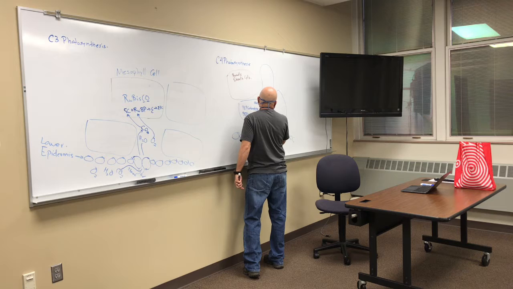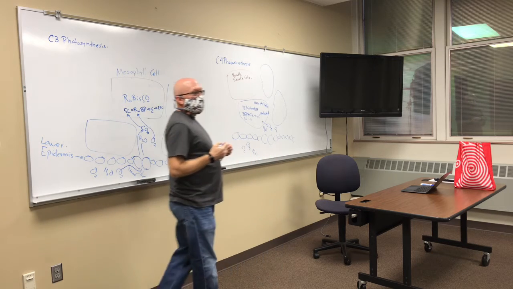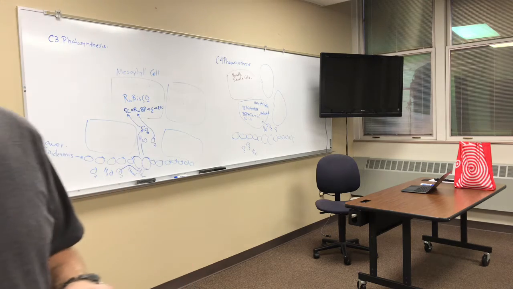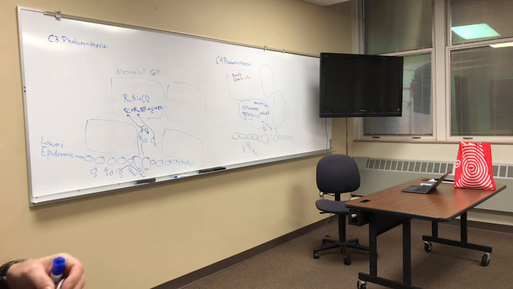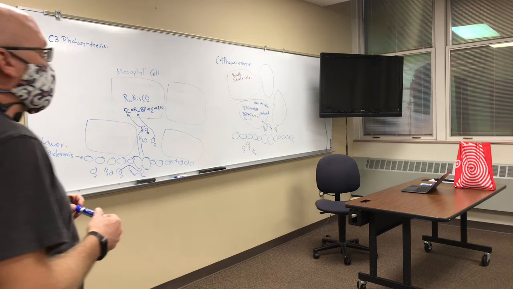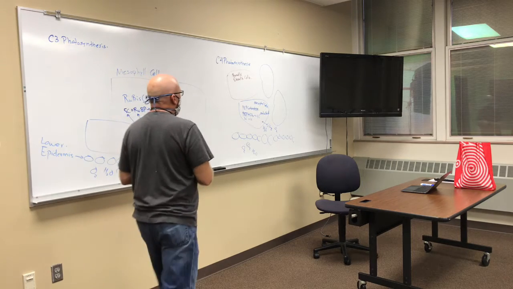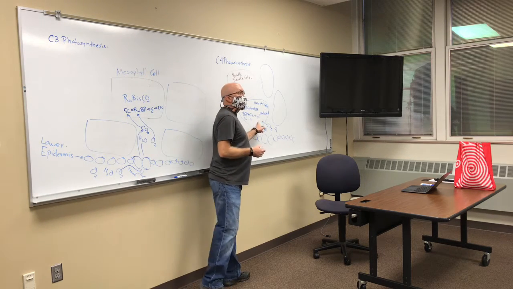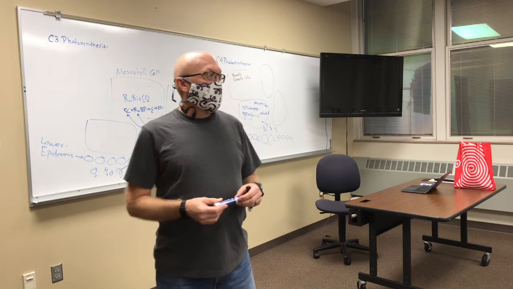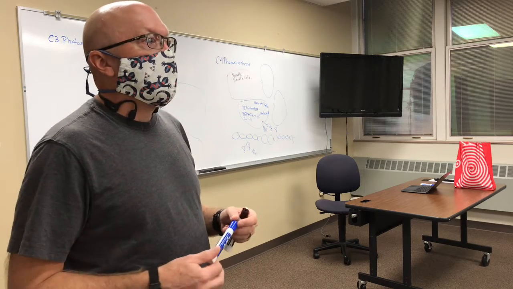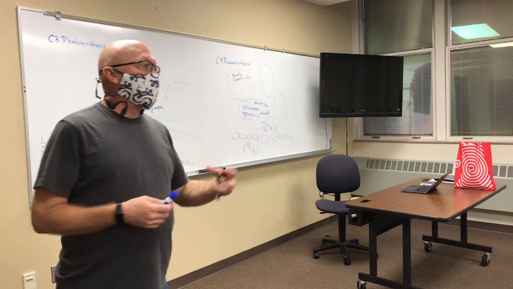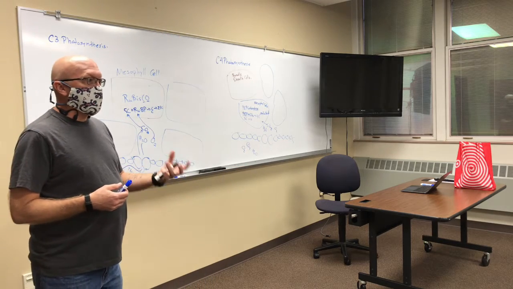What happens to this malic acid once it's formed? This is the 4-carbon compound. Where does it go in C4 photosynthesis? And this is the brilliance of C4 photosynthesis. Isn't it used as energy? It's not used as energy. It's basically a way of getting the carbon dioxide that you fixed here to someplace else.